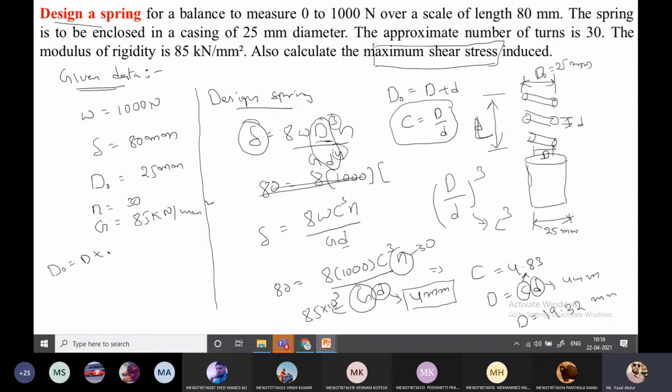The spring relation is D plus small d. So the D value we just calculated as 19.32, plus the wire diameter we assumed as 4.